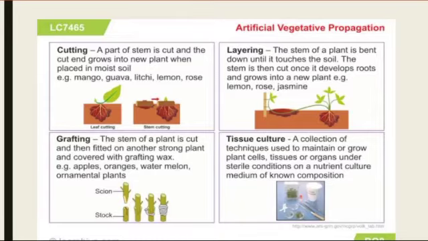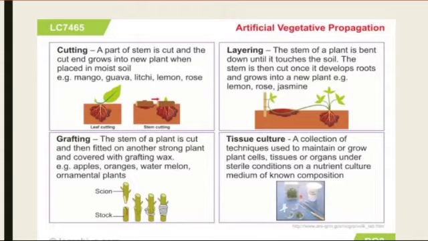And the next, layering. The stem of the plant is bent down until it touches the soil. The stem is then cut once it develops roots and grows into a new plant. So when the stem part is touching the ground, if the soil is moist, of course we know that there is a chance of growing roots in that part.